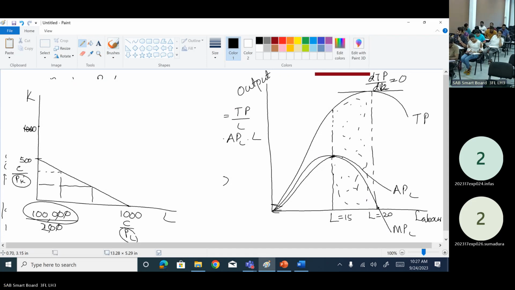Now what happens if the outlay increases up to 200,000?